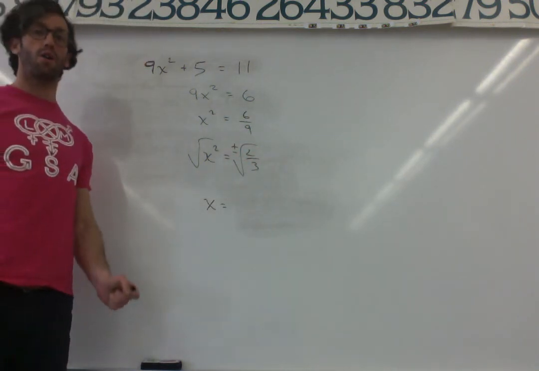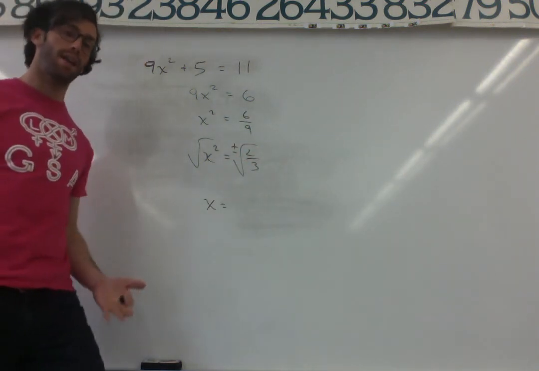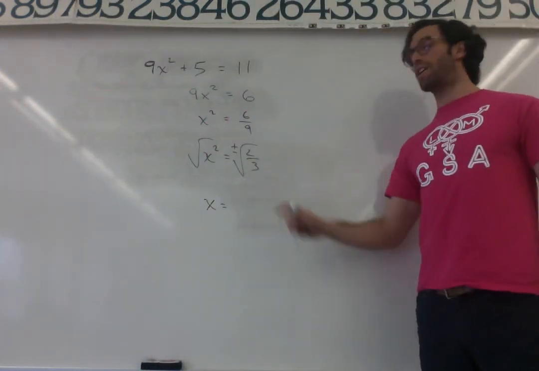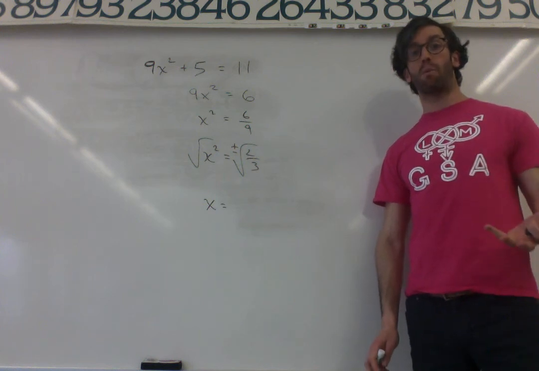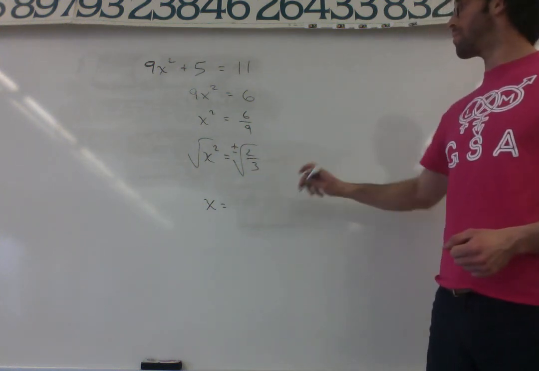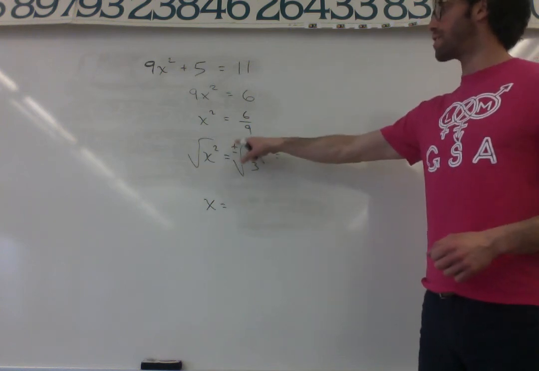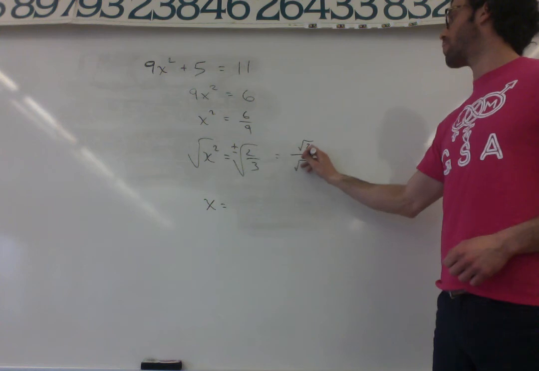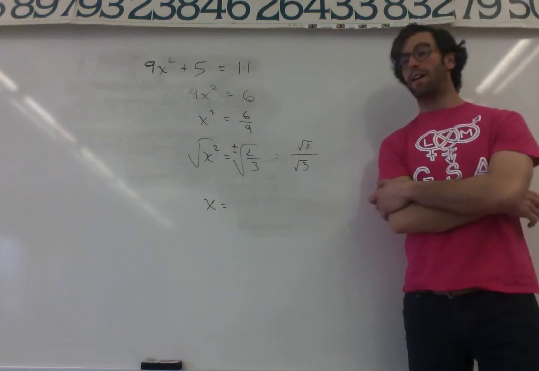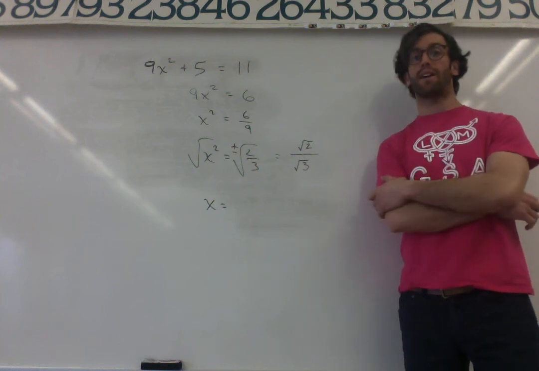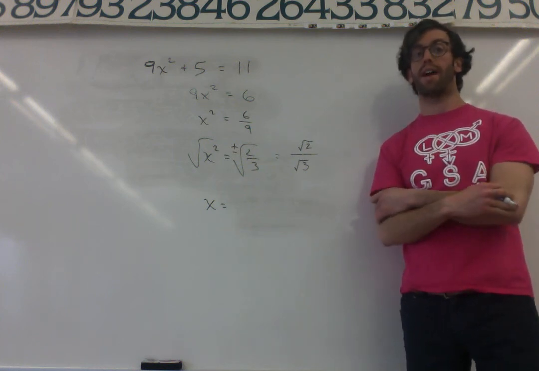Now, we haven't gone over rationalizing the denominator yet in this class. But you would never leave a fraction under a radical. So you might remember this from Algebra 1. Instead of leaving the square root of 2/3, we would write this as, forget the plus or minus for now, that'll be in the answer, but we break it up into the square root of 2 over the square root of 3. All right? Unfortunately, we're still left with a radical in the denominator, which you're technically not allowed to have in a simplified answer.